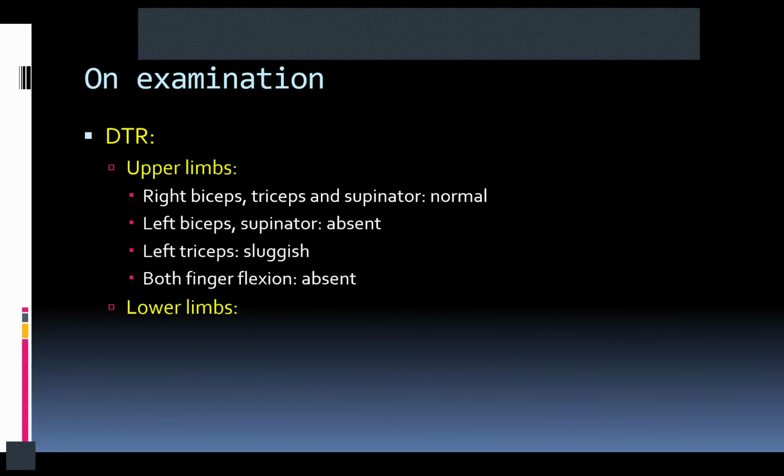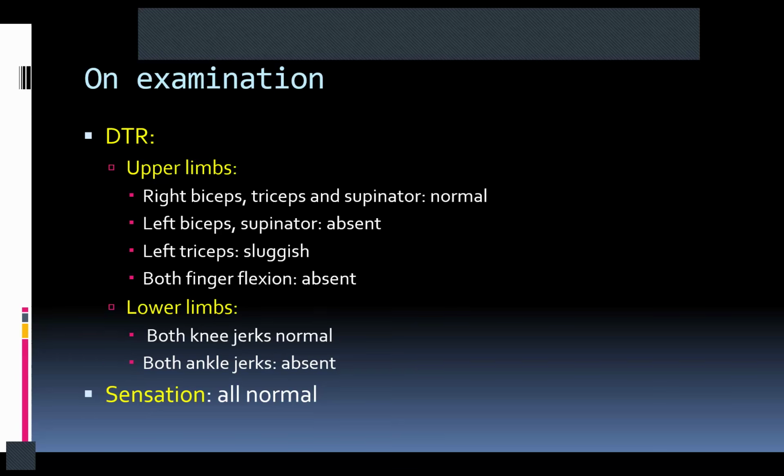Left C5, C6, C7 radiculopathy. Why C7 radiculopathy? If it is C5 radiculopathy, you expect the serratus anterior to be weak also. Upper trunk plexopathy. Yes, the findings are more in keeping with an upper trunk plexopathy, right?